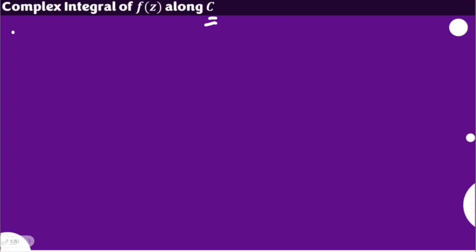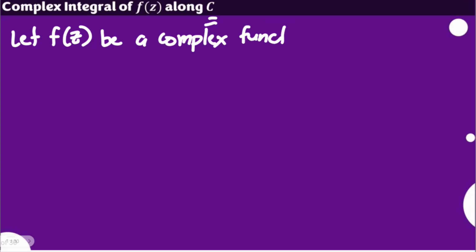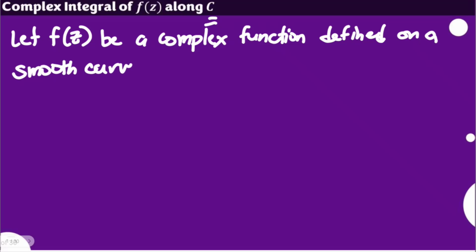We have here, let f of z be a complex function defined on a smooth curve, or the other term for that is contour, c, that's the curve in the complex plane.